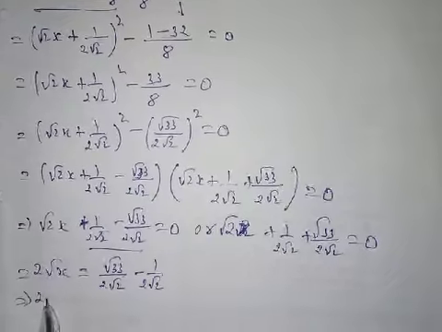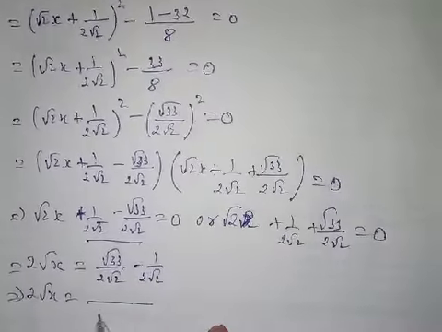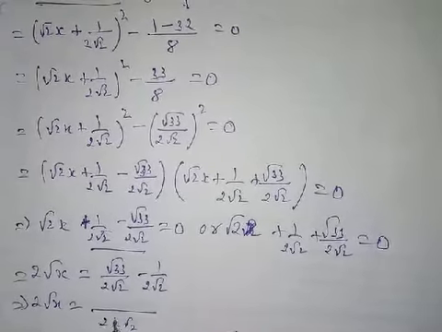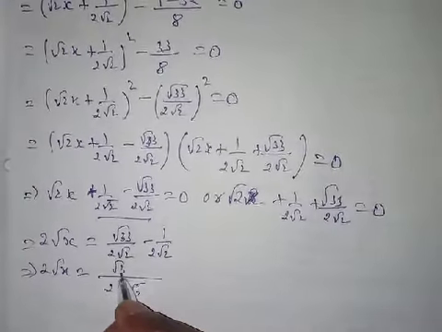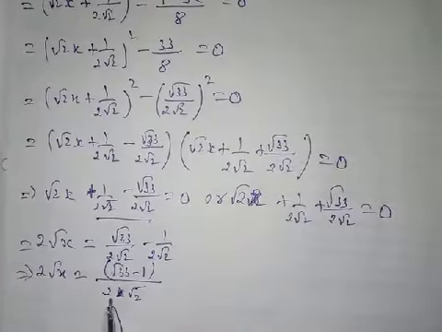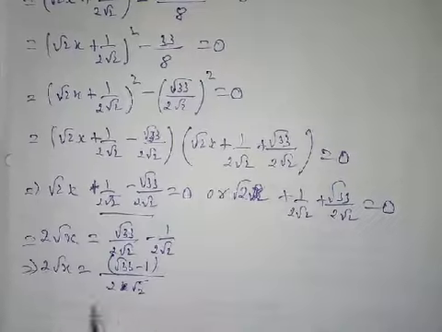So 2 root 2x is equal to, you will have to take LCM, which is 2 root 2. Is it? So it is root 33 minus 1. Okay. So nothing can be cancelled out. 2 will go that side, so 2 will come here.